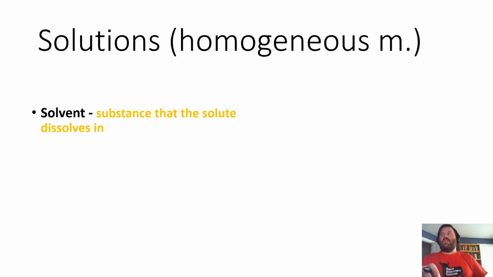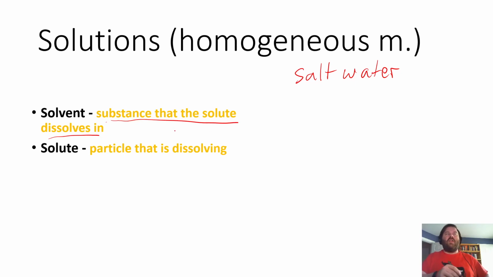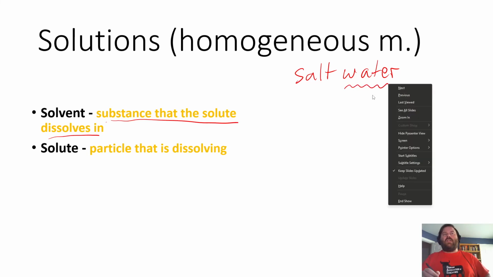Talking more about solutions, solutions are made of two things, a solvent and a solute. Okay, the solvent is the substance that the solute dissolves in. So if we're talking about salt water, the thing we use to dissolve the other thing is the water in this case, right?